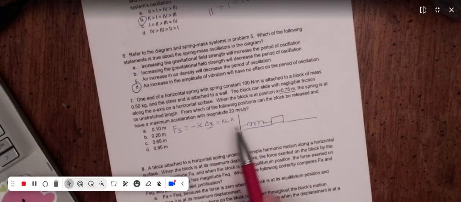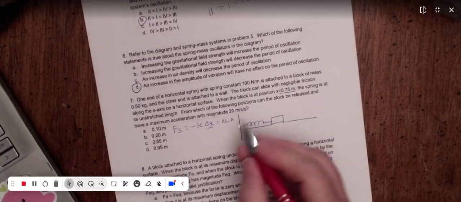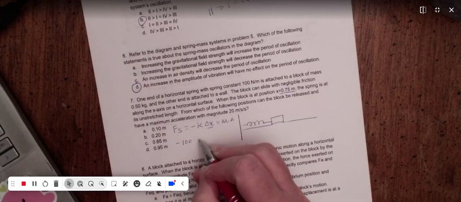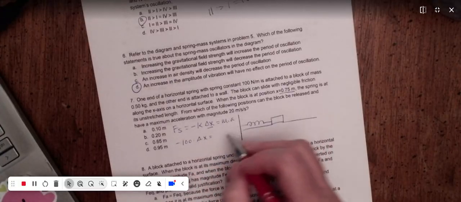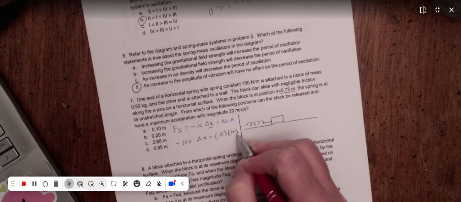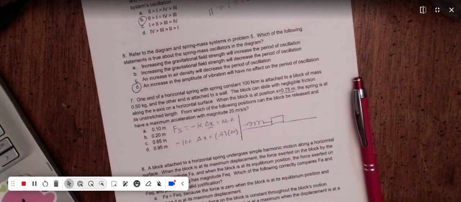For an acceleration value of 20, what does this displacement have to be? Or what can it be? So minus 100, that's my spring constant, times delta x equals 0.5 times 20. I'm going to solve that for delta x.